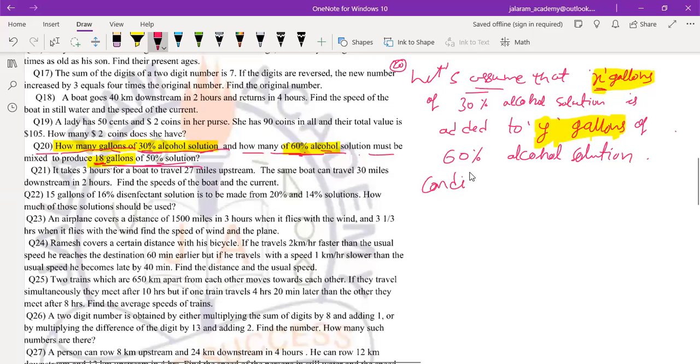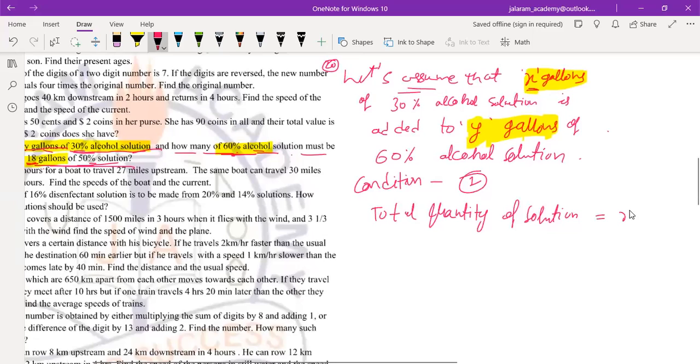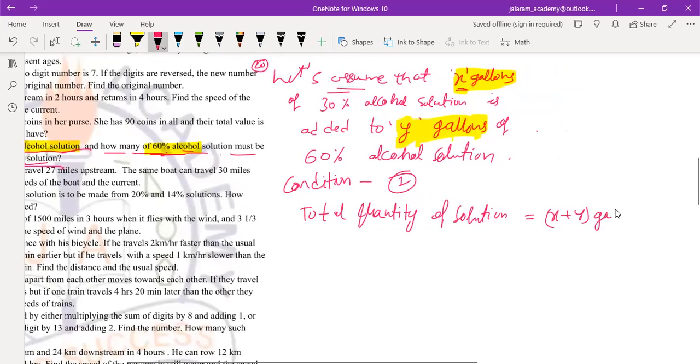Condition 1 we take from the amount. This is same as the quant type questions. The total quantity of solution equals X plus Y gallons.